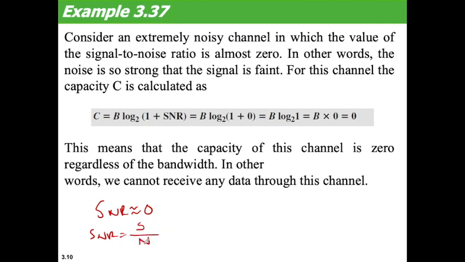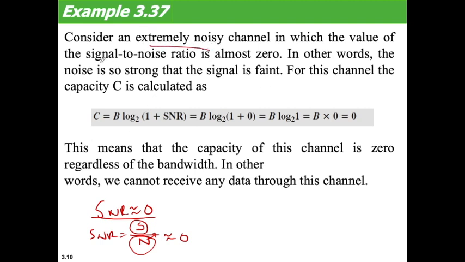So if the noise is so strong, the noise is so much higher that the signal almost becomes negligible, in those cases the SNR will be close to 0. That means if the SNR is close to 0, the noise is actually higher. So in that case, this is an extremely noisy channel.